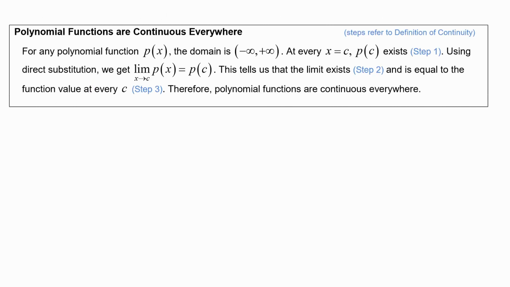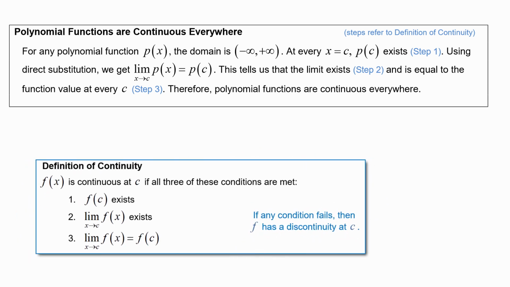Next, I want to help you understand why polynomial functions are continuous everywhere. We will be referring to the steps in the definition of continuity, so let's bring that up. For any polynomial function, p of x, we know that the domain is negative infinity to positive infinity.